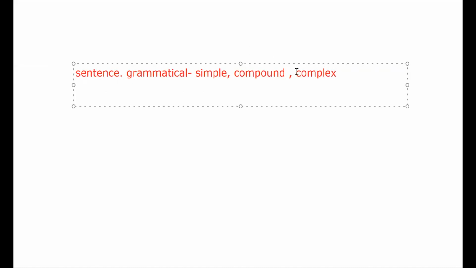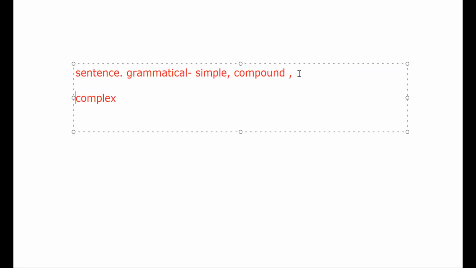If it is a complex sentence, you should know what to check. If it is a compound sentence, you should know what to check for errors. If it is a simple sentence, what to check for errors. The interesting point is there are some common points, whether it is simple, compound, or complex, you need to check.